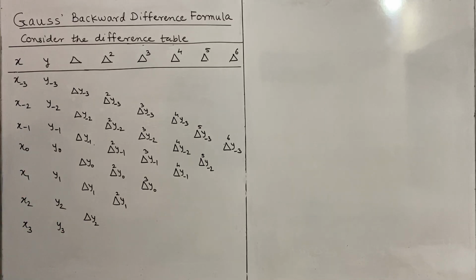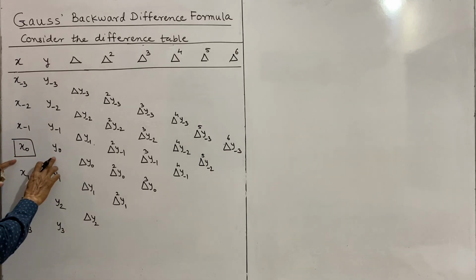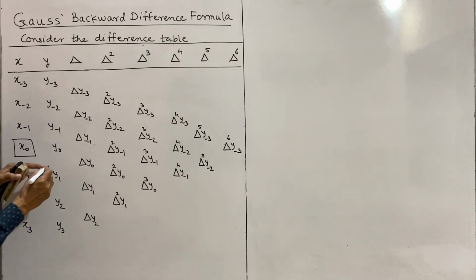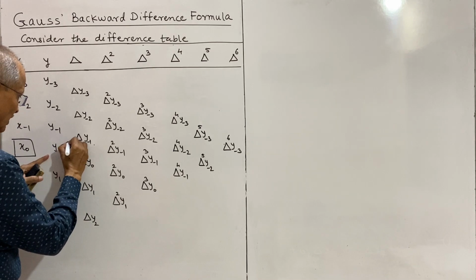So we directly start the formula, and here the differences are taken along the central values. X naught is the value of x, and corresponding to that y naught is the value. So we consider the differences along this arrow diagram.